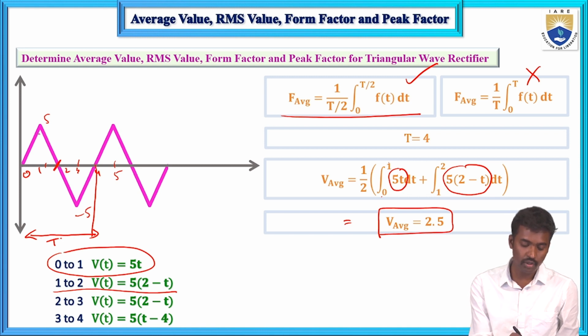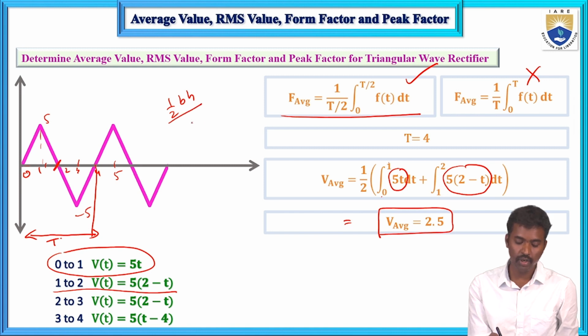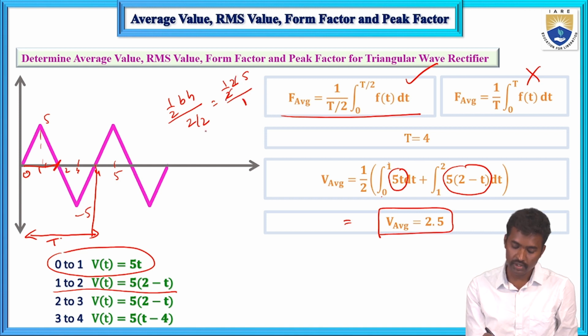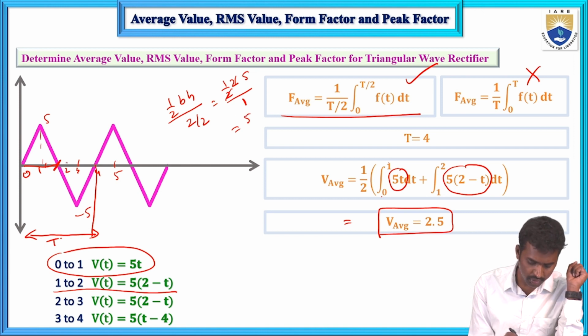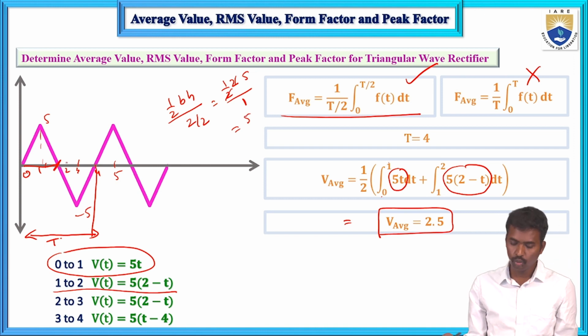The area is a triangle with height 5 and base 2, so half into b into h, divided by time period 2 by 2, that is 1. So half into 2 into 5 divided by 1 gives 5.